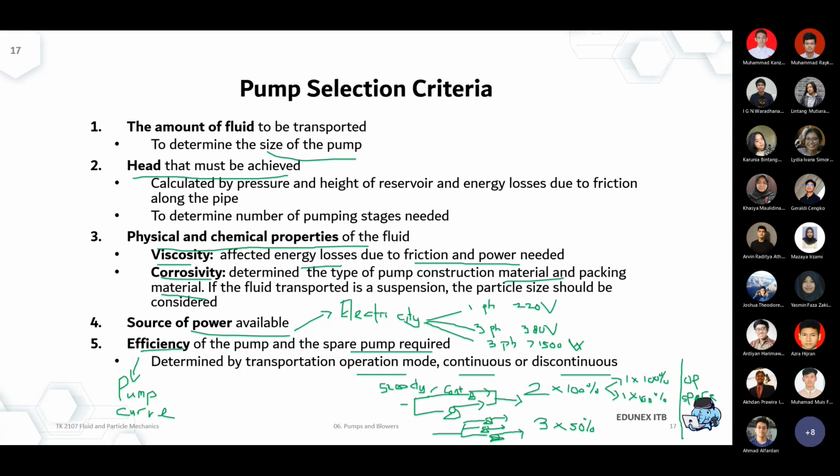The other typical example is 3 times 50%. That means now you have 2 times 50% in operation, and then you have one at 50% as your spare. Let's say in normal times you have A, B, C pumps.